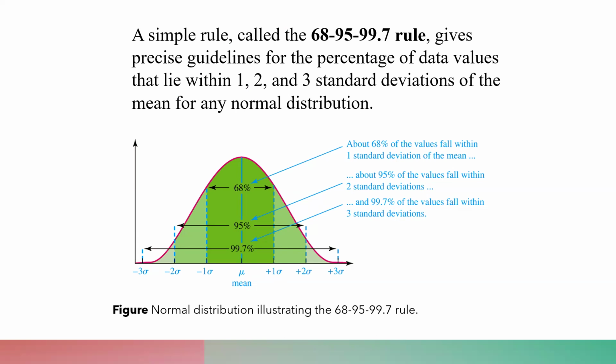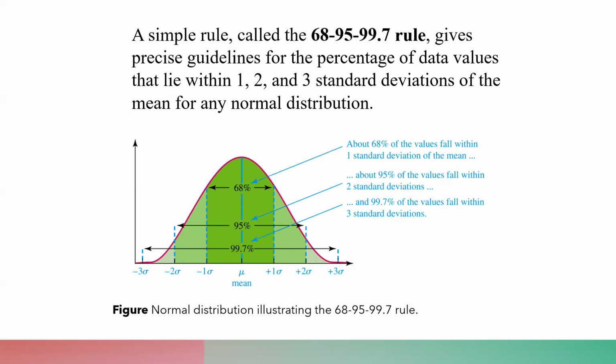It also means that 95% is within 2 standard deviations. This means between 68 and 132, 95% of everyone who takes an IQ test falls between 68 and 132.